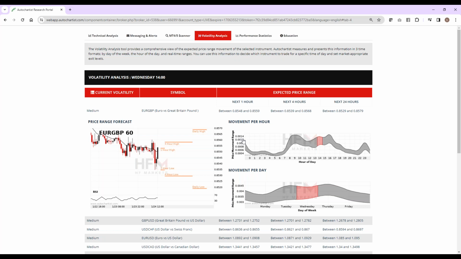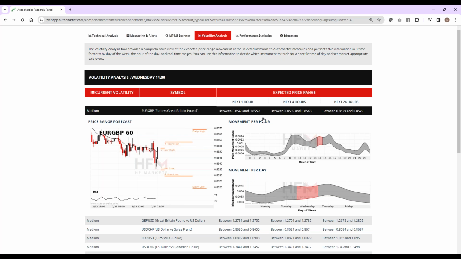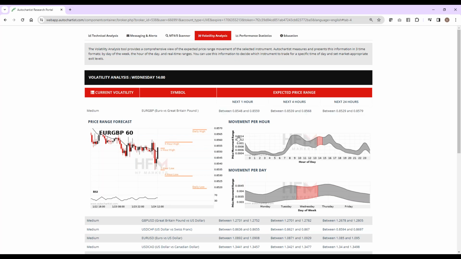So this is how much the price could move within 1 hour. Right now, where I am is 2 o'clock. So it's telling me that between 2 o'clock to 3 o'clock, the euro pound tends to move by 8 to 12 pips the maximum.